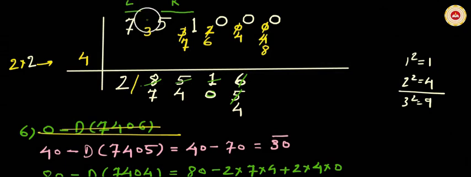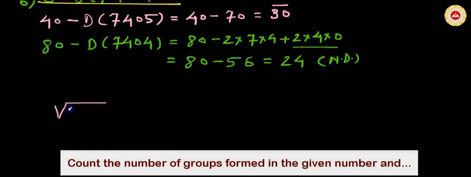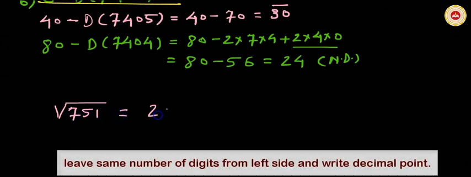As we have 2 groups in the given number, we guessed that there must be 2 digits in the integer part. It means that 4, 0 and 4 are decimal places in the square root. So let us write the answer. Square root of 751 is equal to 27404.